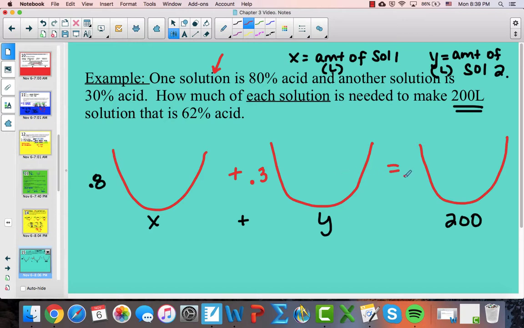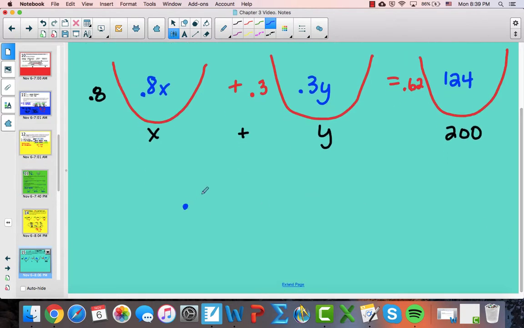My final solution, I want it to be 62% acid. So I multiply them and I get 0.8x plus 0.3y equals 0.62 times 200, which gave me 124. And there's my two equations. 0.8x plus 0.3y equaled 124, and x plus y equaled 200.